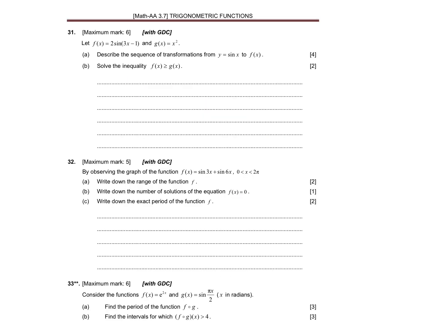31. So describe the sequence of transformations from sine to f. Okay. So first of all, if you write it like this, it's going to be a horizontal shrink, scale factor 3.